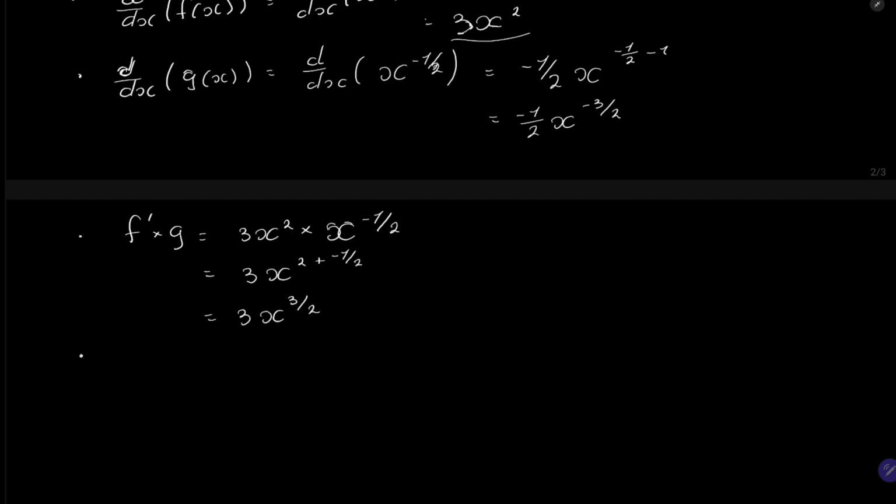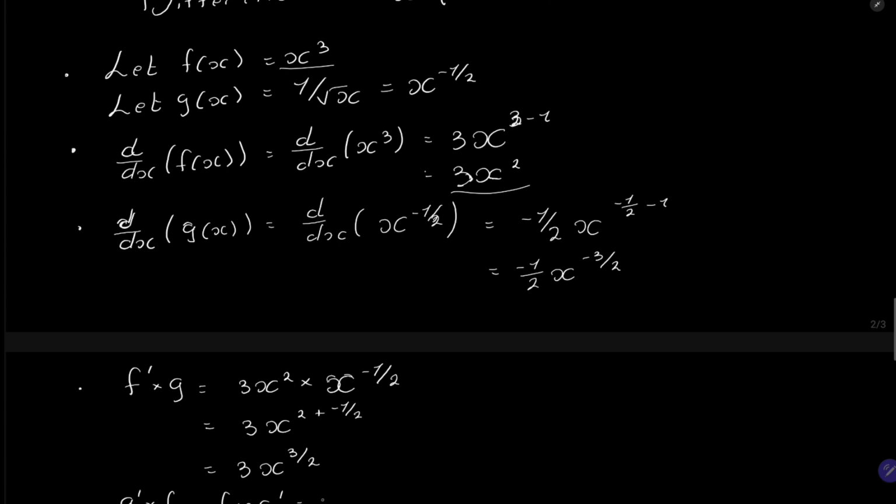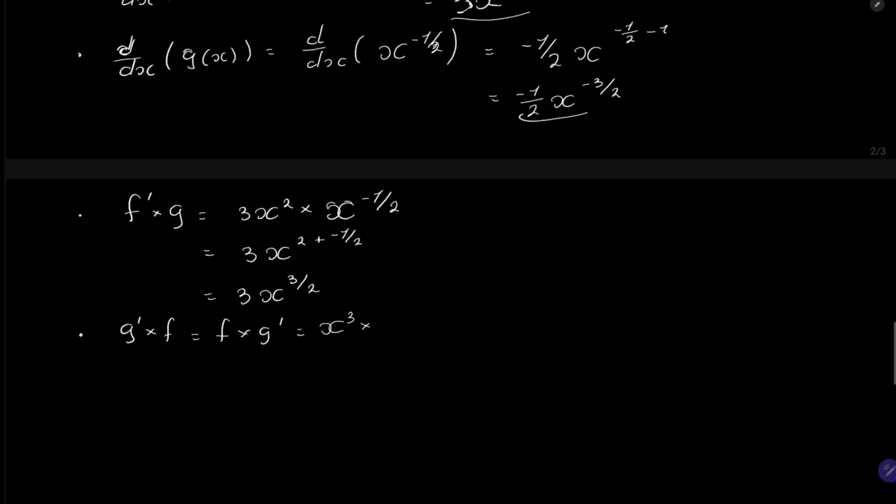Now our fourth step also tells us to multiply g prime by f, which is the same thing as f by g prime, and this gives us, what is our f? Our f is x cubed. Now what is our g prime? Negative half x to the negative 3 on 2, which gives us negative half x to the 3 minus 3 on 2.